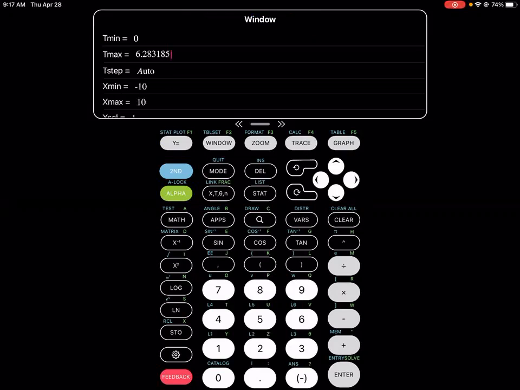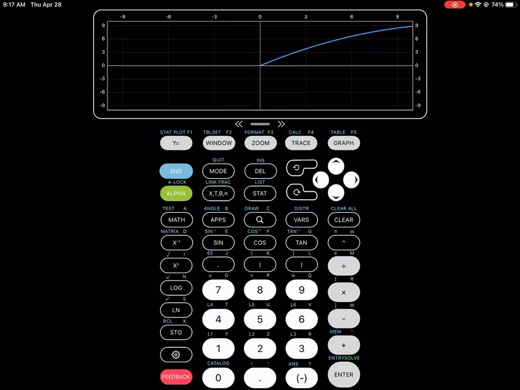So go to window and make your T step 0.1. If your T step is like 7, that's a problem. Make it like 0.1 and see what happens. Is that better?